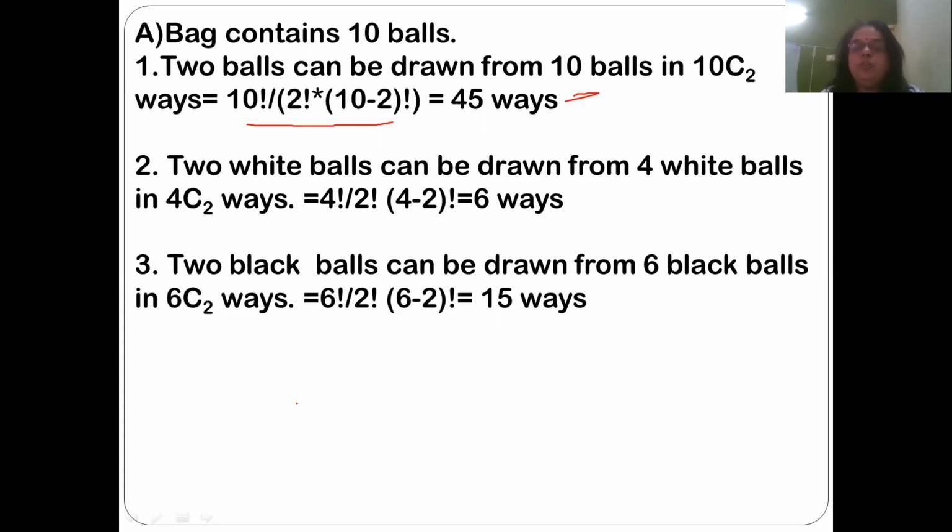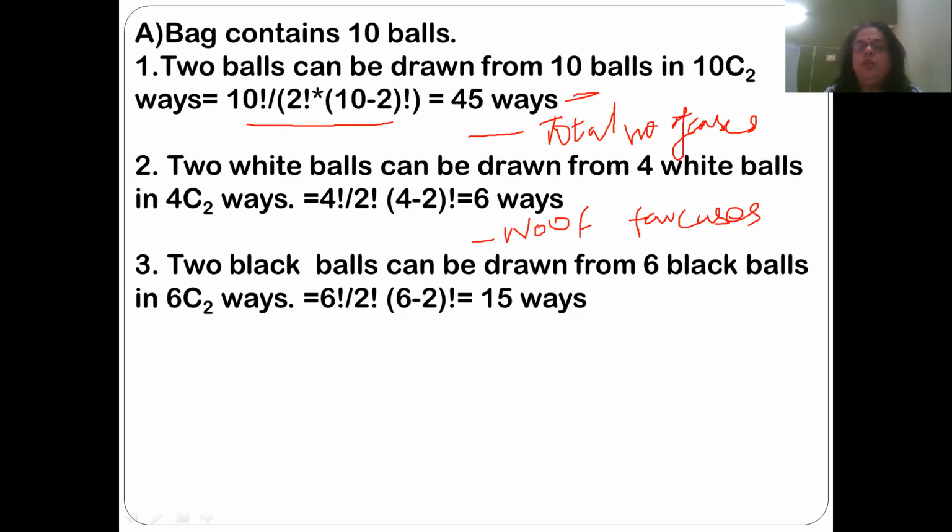That is, we are now trying to find the total number of cases. Okay, so this is the number of favorable cases, and this is also the third one. We are trying to find out the favorable cases.